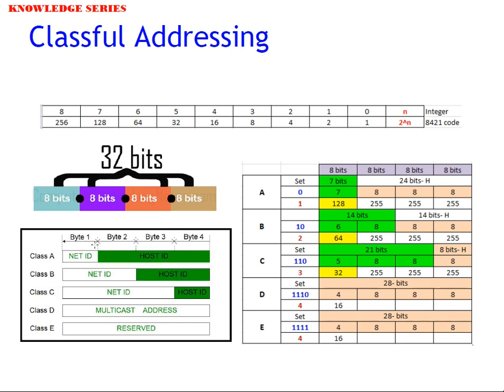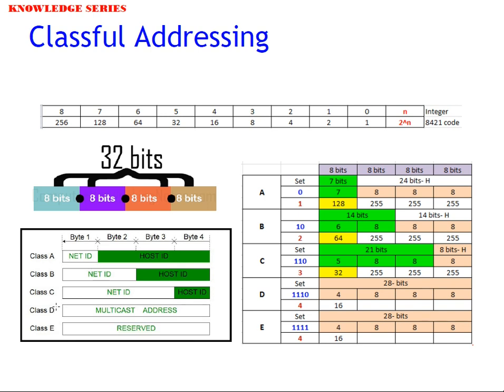In the case of class A, the net ID is 1 byte and the remaining host ID is 3 bytes. In class B, the net ID is 2 bytes and the host ID is 2 bytes. In class C, the net ID is 3 bytes and the host ID is 1 byte.